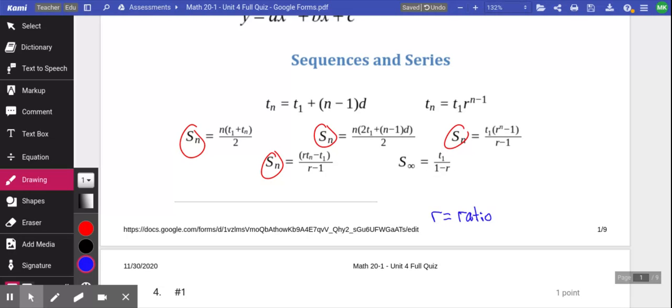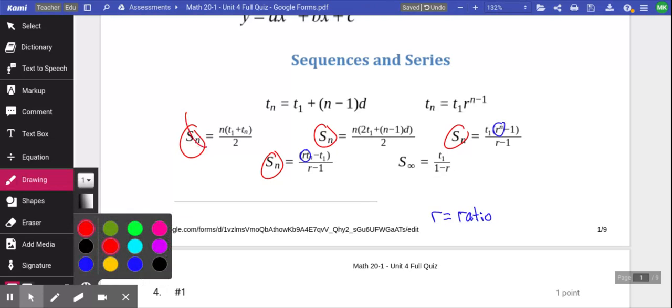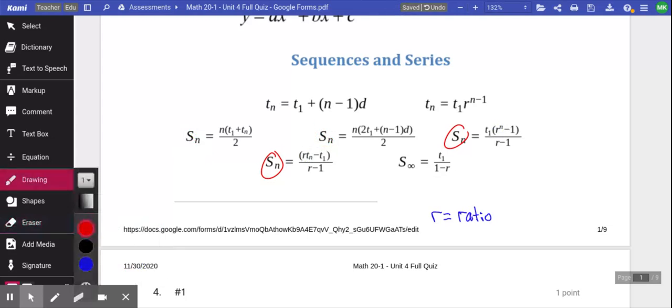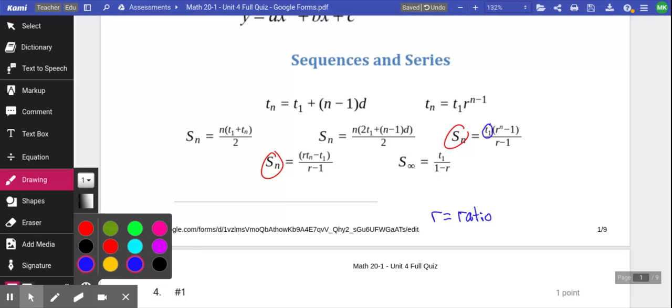The next thing I want to decide is which one of these formulas with R do I want to pick. So I'm not going to pick one of these two because they don't have the letter R. To decide between the two equations, look to see what you have. For this equation, all I need to know is the first day, my ratio, and how many total terms there's going to be.